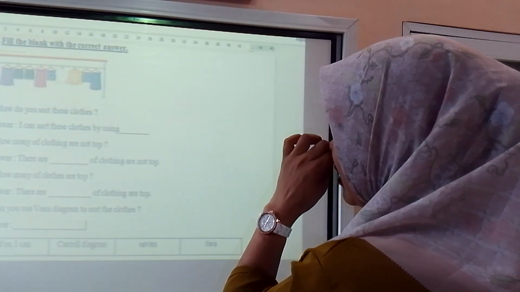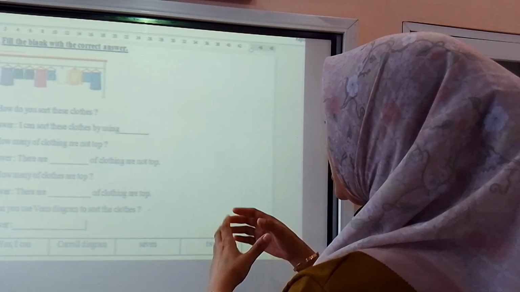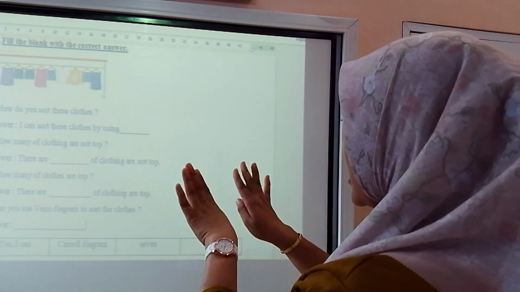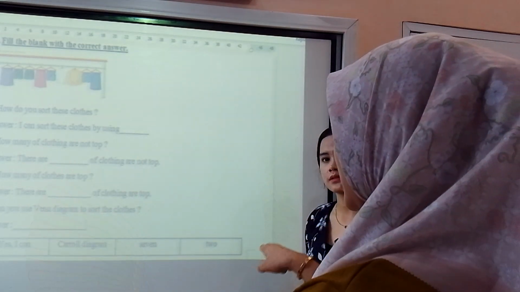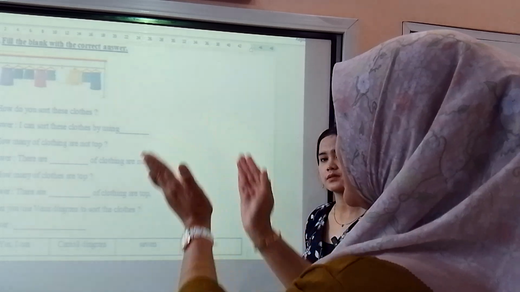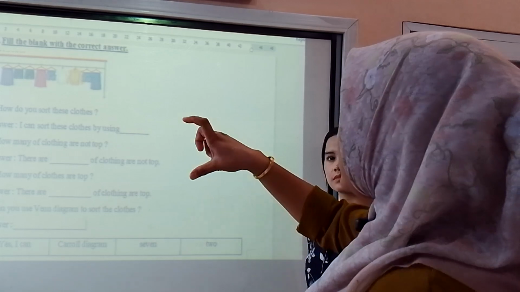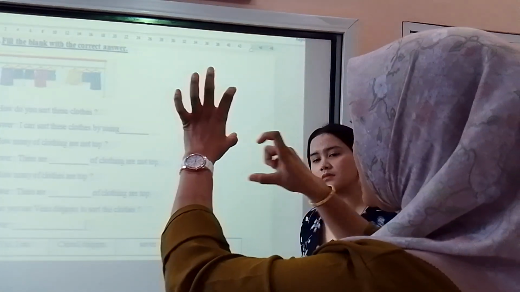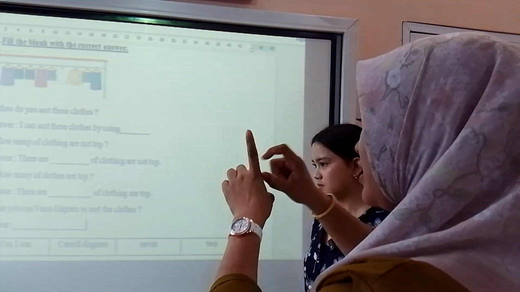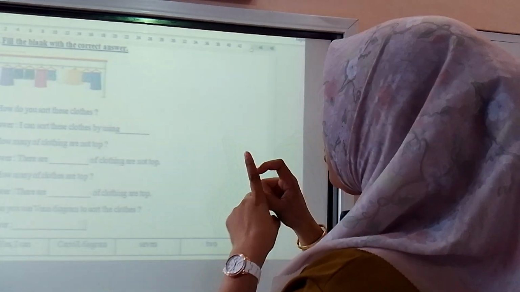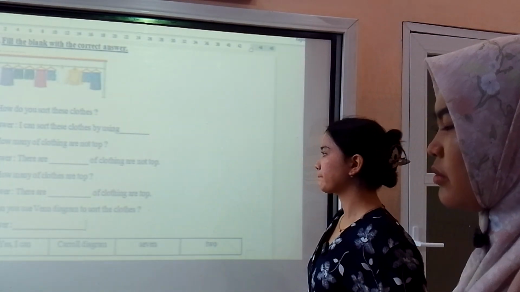Actually, the Carroll and Venn diagrams are the same. The difference is that in a Venn diagram we make circles that combine to show the relationship between objects and what is the same. In the Carroll diagram we make a table, one by one, with the same size or the same color.